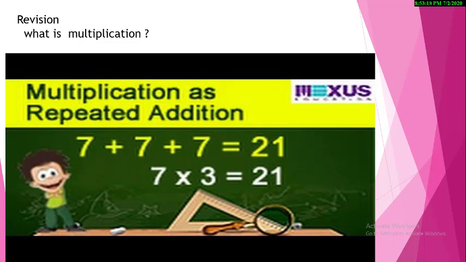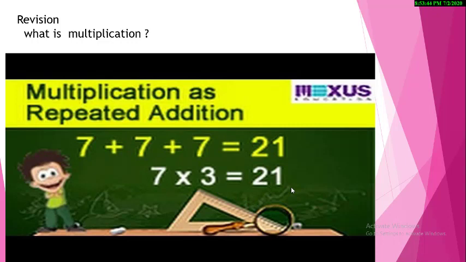Like you can see in the example, the boy is laughing and he's adding 7 plus 7 plus 7, and the answer is 21. This is a quick way of addition: 3 sevens, and you quickly get your answer. Multiplication of this, and the answer is 21.